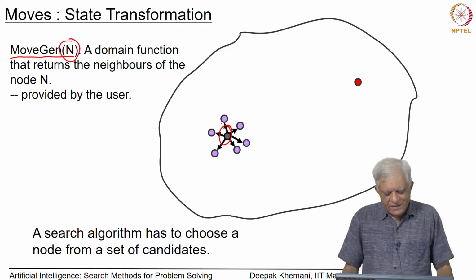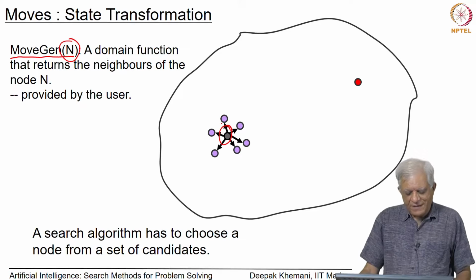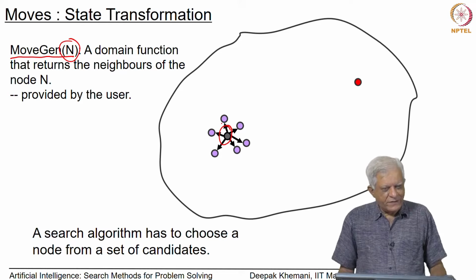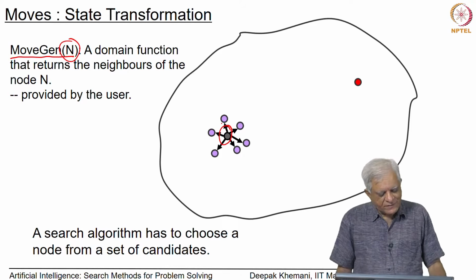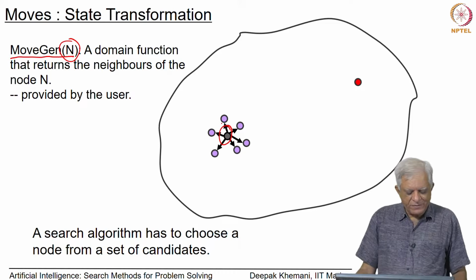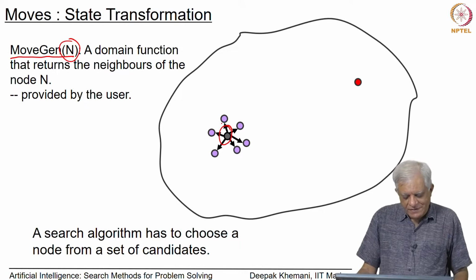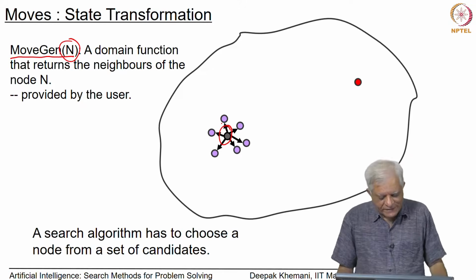In other words, what the moves are that you can make from this node. So, when we started with the 8 liter water jug problem, we saw that when you have the 8 liter jug full and the other 2 jugs empty, you could make 2 moves. You could either pour out 5 liters into the 5 liter jug, or you could pour out 3 liters into the 3 liter jug.